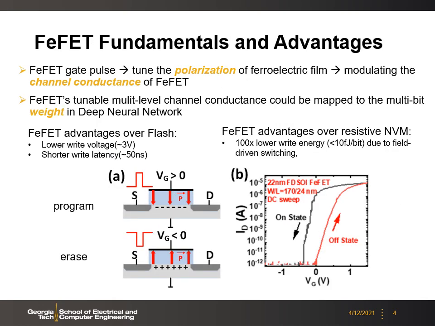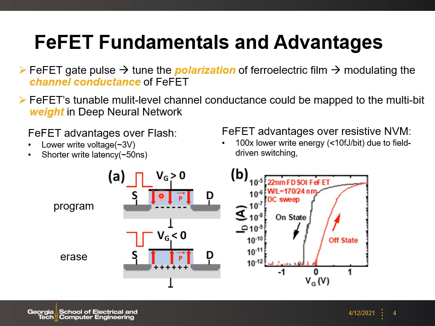When the ferroelectric material is integrated in the gate stack of a transistor, it becomes a FeFET. So here we are going to review the fundamentals of the FeFET. If we want to program the FeFET, we can apply a positive gate voltage that is large enough.